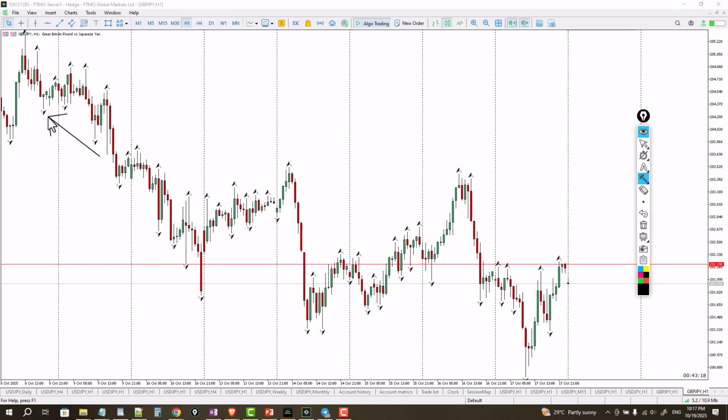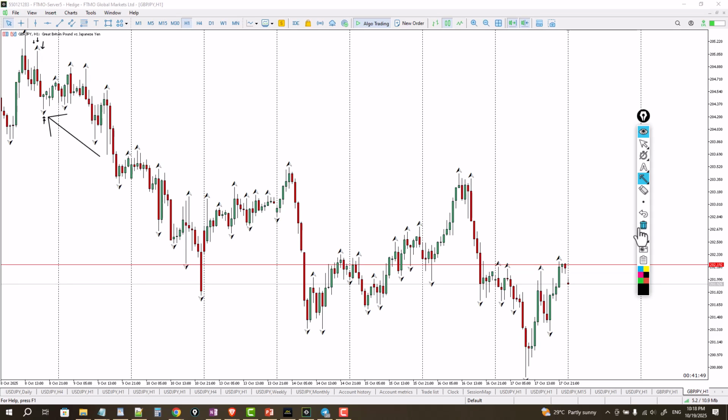It indicates them on your price chart using fractals, up fractal or down fractal. The triangle which looks upside down is called a down fractal, and the one that is right side up is called an up fractal.